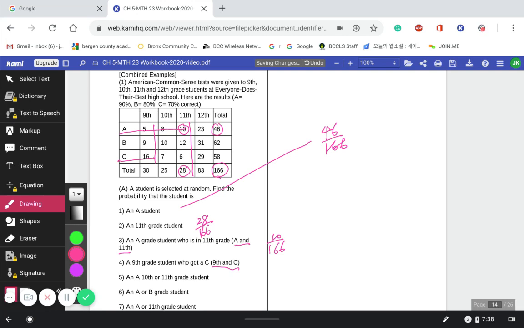So 25 out of 166, or 11th is 28 out of 166. I'm going to put it into one denominator, because they have the same denominator.